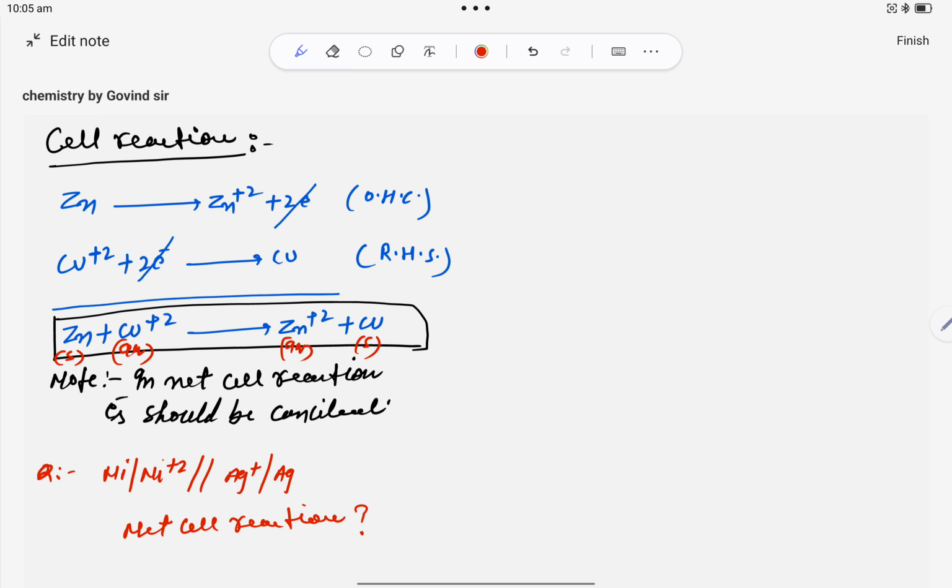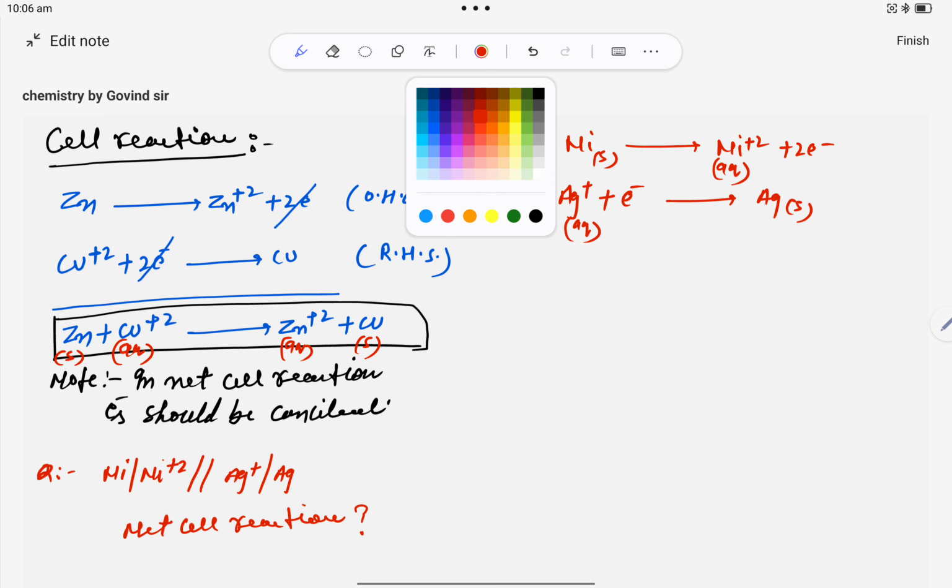So check it, write the equation. Nickel solid state to nickel plus 2, then silver plus accepting 1 electron converted into Ag solid, it's aqueous state, it is also aqueous state.